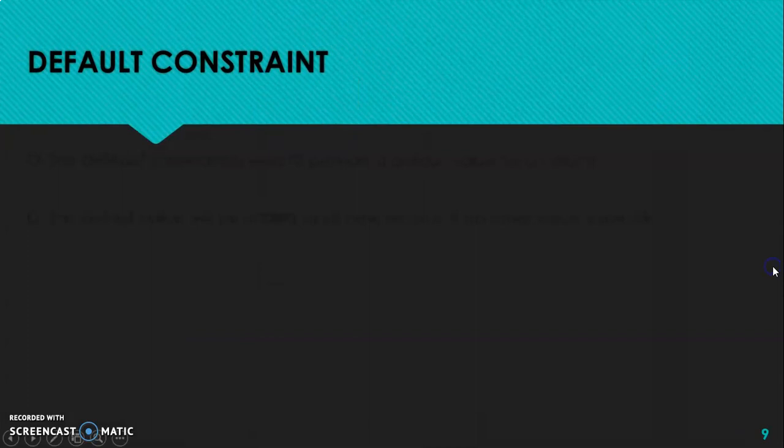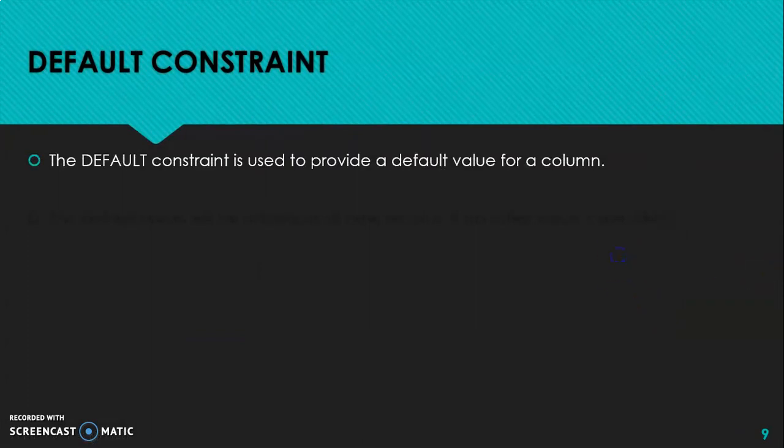Now moving to the default constraint. Now default constraint is used to provide a default value for a column. Now this is required because sometimes there is a certain value set for a particular column. So if the user does not specify that value in a column, then since it is a default, that default value will be considered.